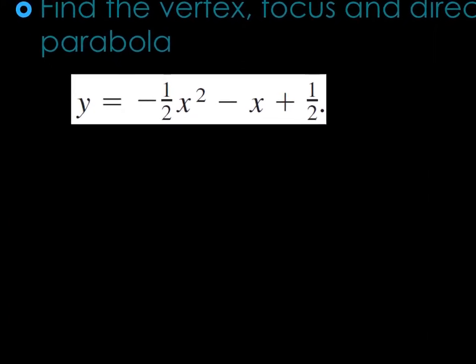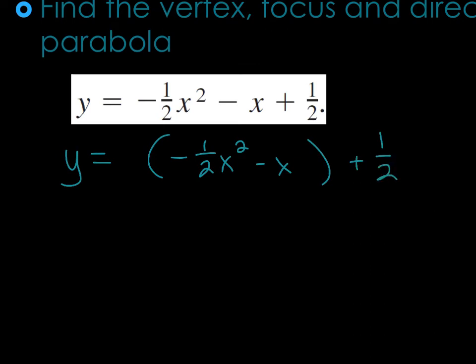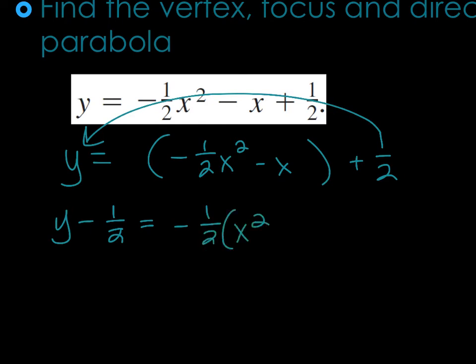Okay? So how do I get that into standard form? Complete the square. This time, there is something attached to the x. So this would get here. And I would actually bump the 1/2 to the side with the y. So y minus 1/2 equals, I got to take out a negative 1/2. And by taking it out on the first term, you also have to take it out on the second term.